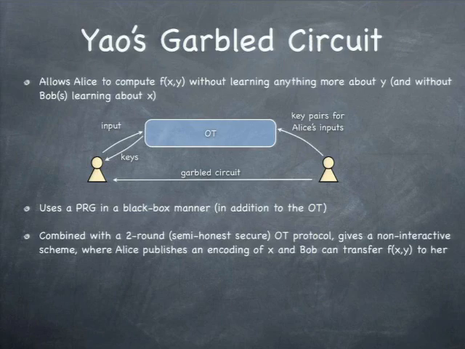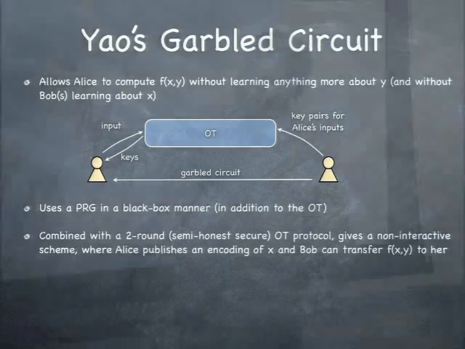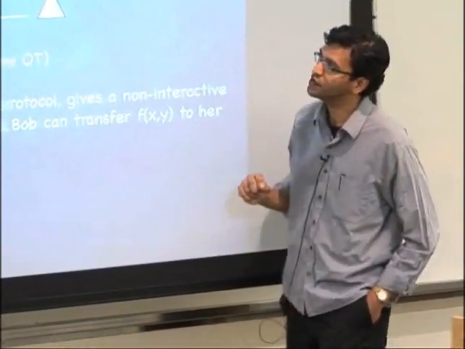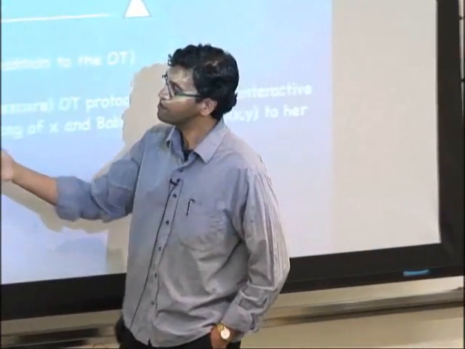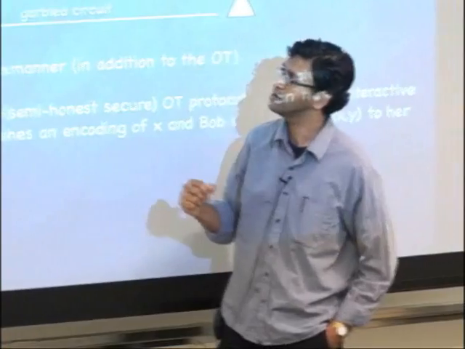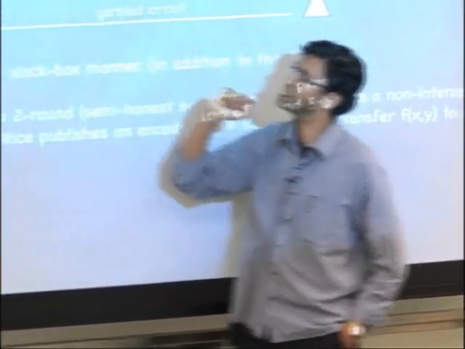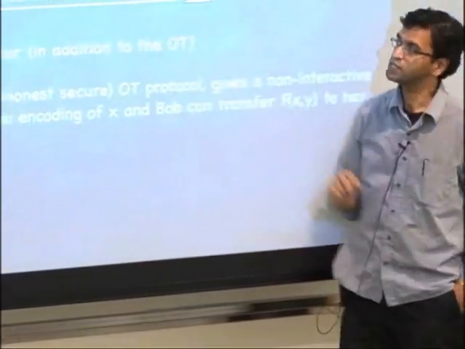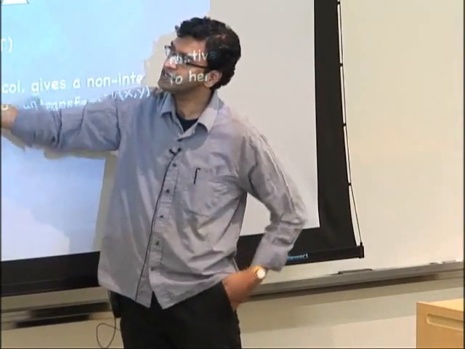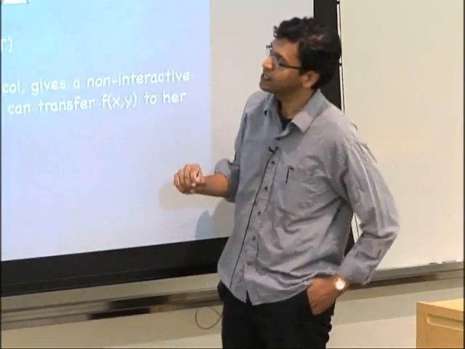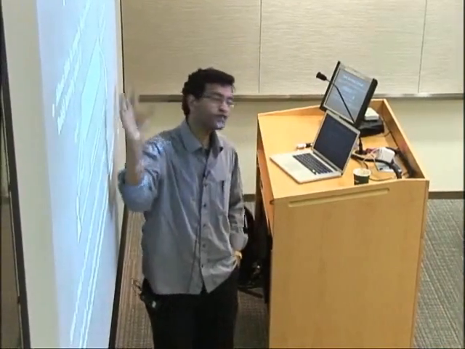And if you don't like this oblivious transfer as an ideal black box, you can actually implement it using several protocols. If you implement it using a two-round protocol in which Alice first sends out the message and then Bob responds, and all you need is security against passive adversaries in this case, then what you get is a two-round protocol.